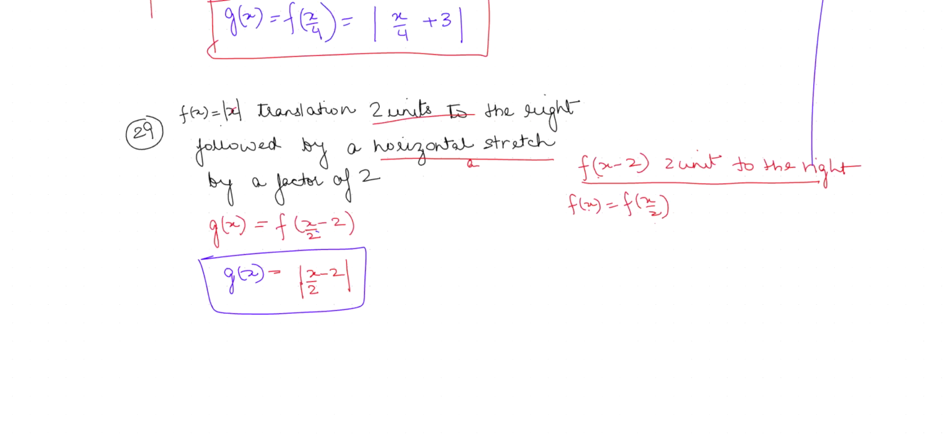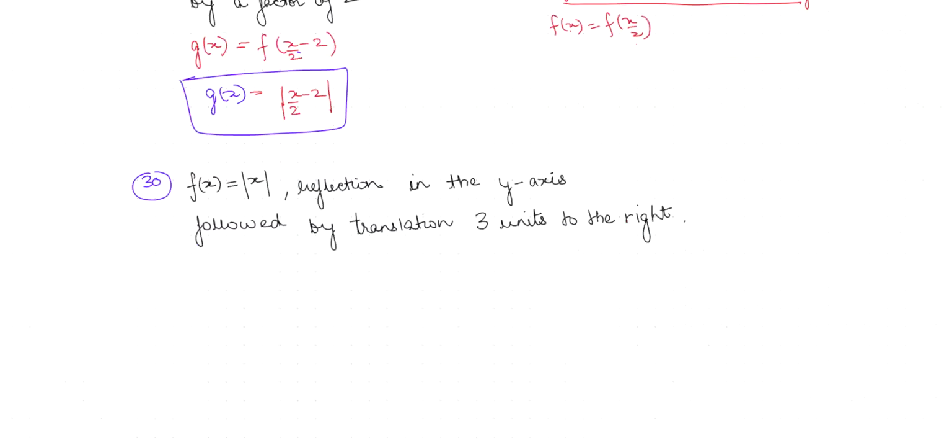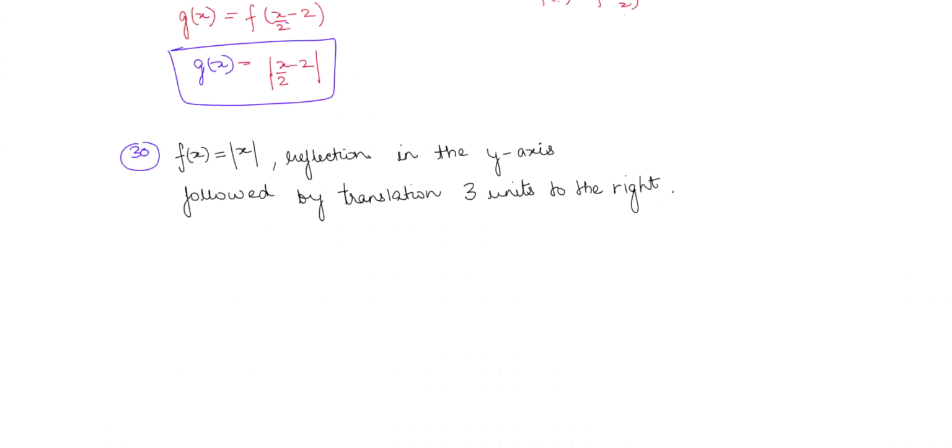Let's do one more problem. This is question 30. Reflection in the y-axis followed by translation 3 units to the right. So for reflection in the y-axis, we know every x is changed to minus x.